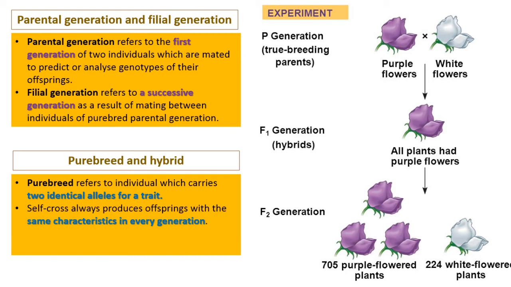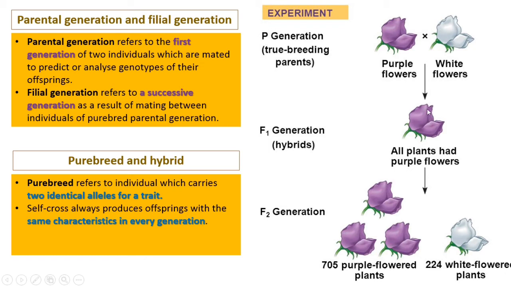Okay, so apabila berlakunya self-cross, setiap kali generasi tu dia akan menghasilkan karakteristik yang sama. Contohnya kalau purple flower cross with white flower, all plants have purple flower for several generations, berulang kali. So dia panggil itu adalah purebreed.